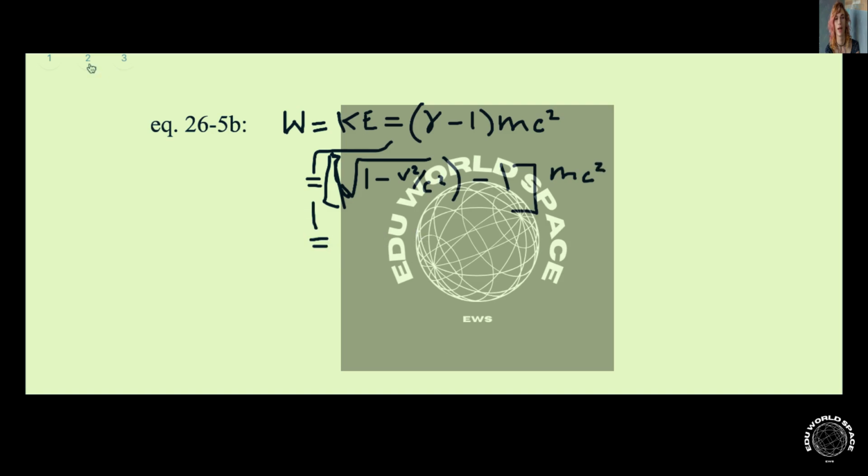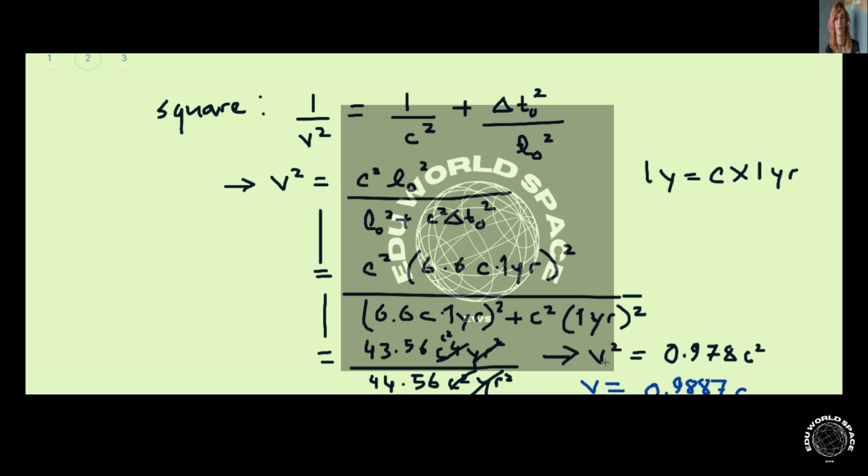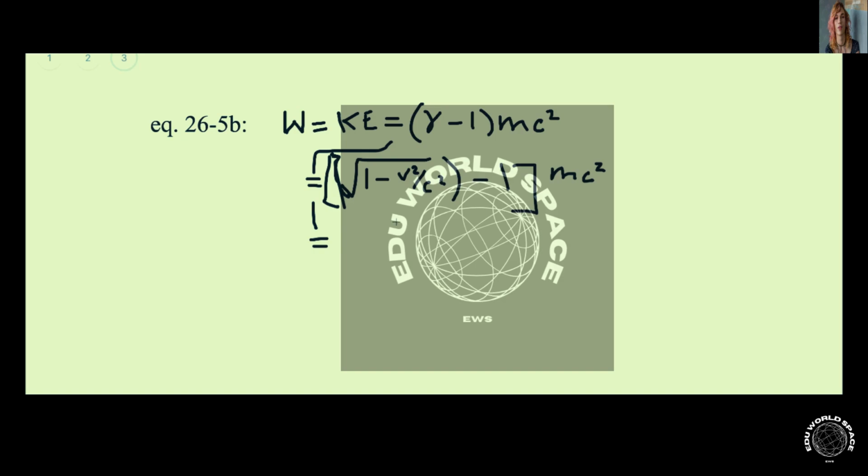Remember from here that v squared is 0.978 c squared, so 1 minus v squared over c squared is just 1 minus 0.978. Take the square root of that, subtract 1, and your mc squared is still outside.